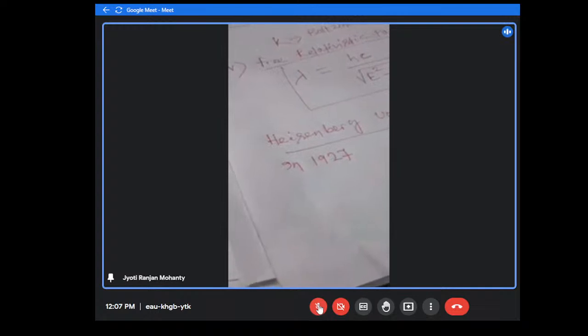Okay, so one of the beautiful principles proposed by Heisenberg is that one cannot measure simultaneously both the position and momentum of a particle. The name itself means uncertain. Uncertain means not certain, inappropriate, incorrect.